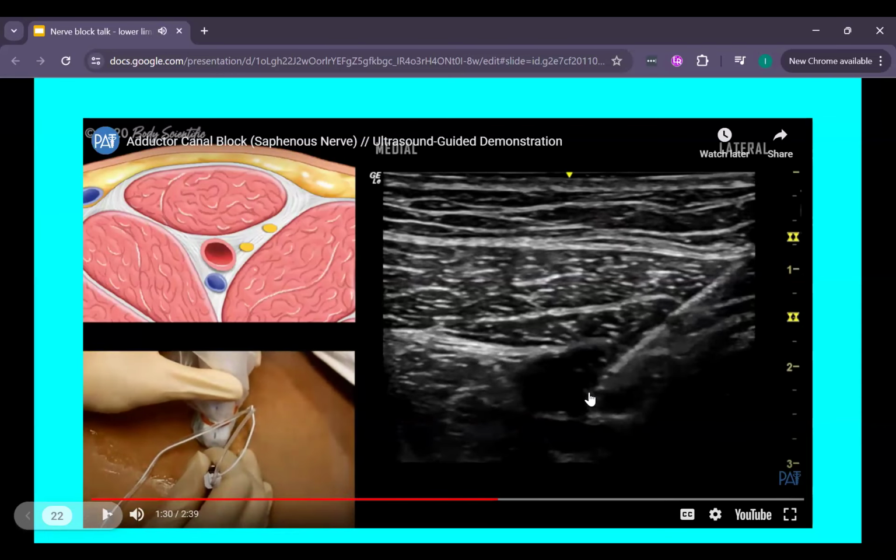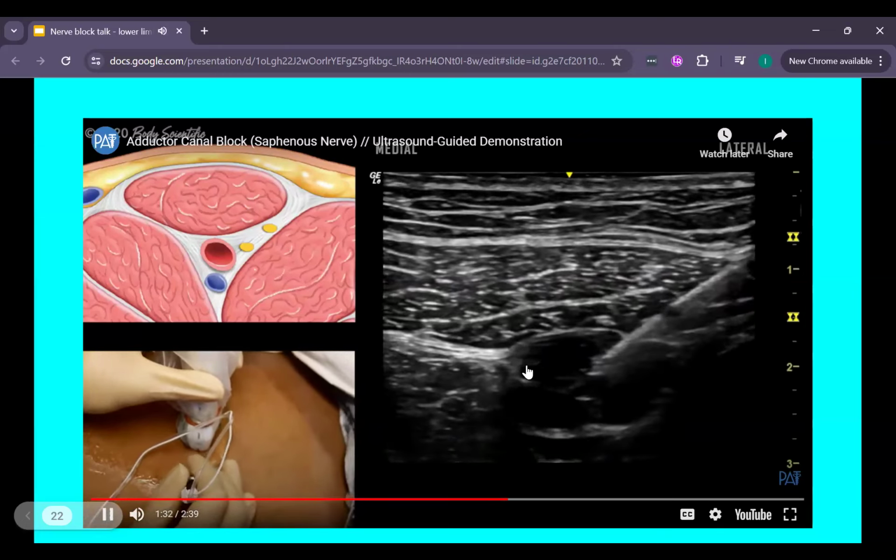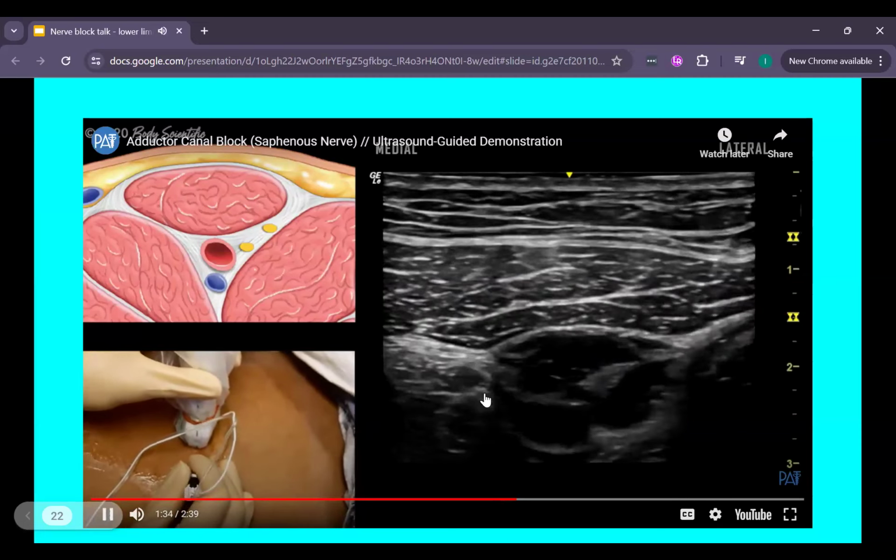You can see as we start to inject that local anesthetic, what we're looking for is a nice smooth spread around the saphenous nerve, but also to that contralateral side of the femoral artery. So that's a sign that we are within the adductor canal. You can see that spread to the contralateral side of the femoral artery.